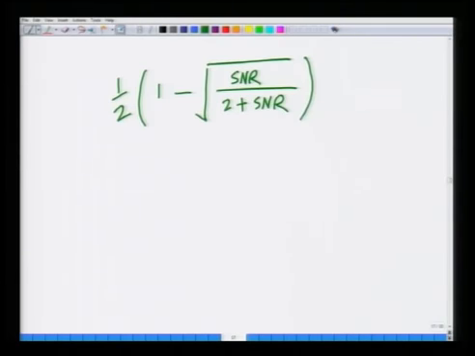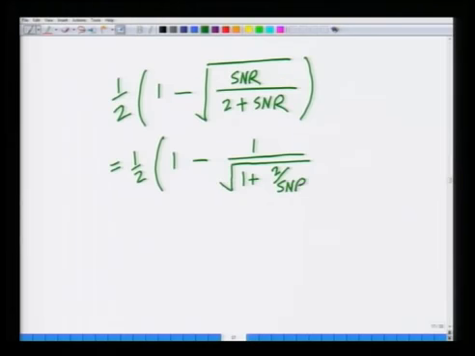This can also be written as half times 1 minus, if I divide by SNR, 1 over the square root of 1 plus 2 over SNR.